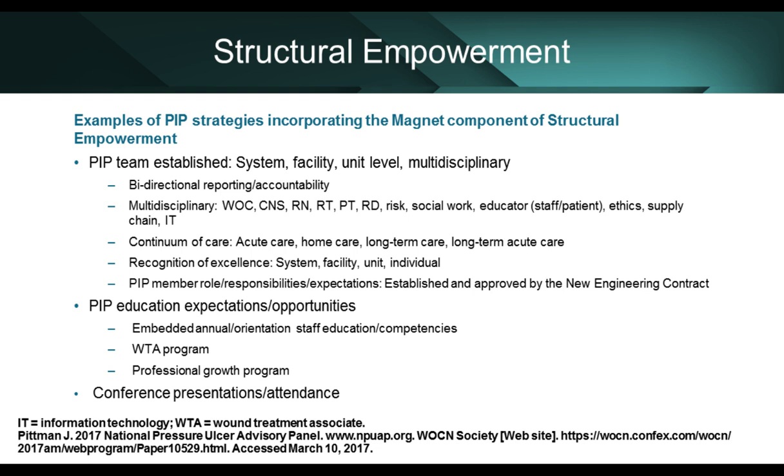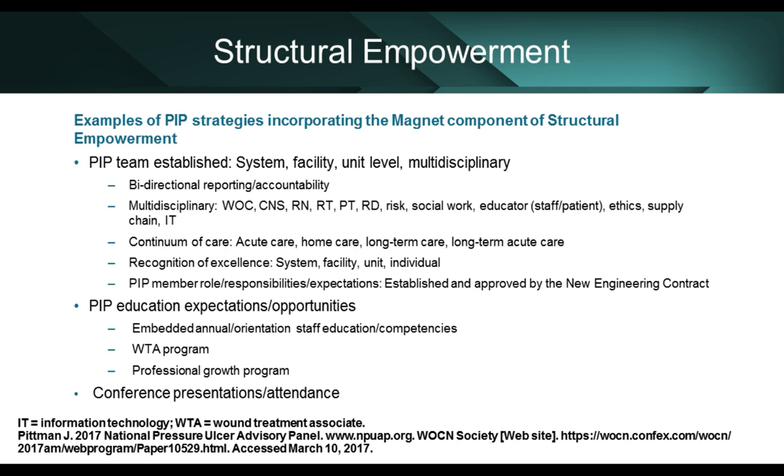Our team was established, and as I mentioned before, at the system level we have a team, at the facility level there's a team, then at the unit level. And now most recently we have developed a steering multidisciplinary team. Bidirectional reporting, meaning it goes up and down from the unit level all the way up to leadership and back down, and there's accountability.